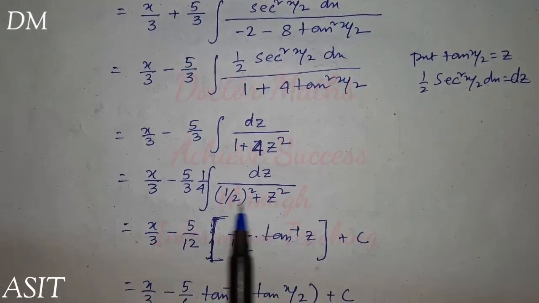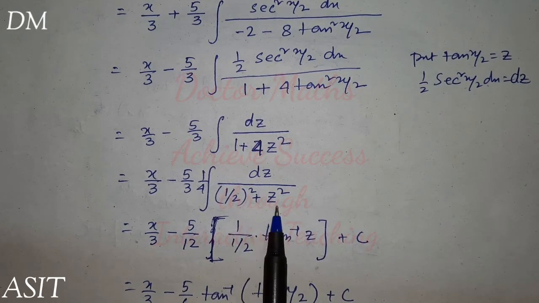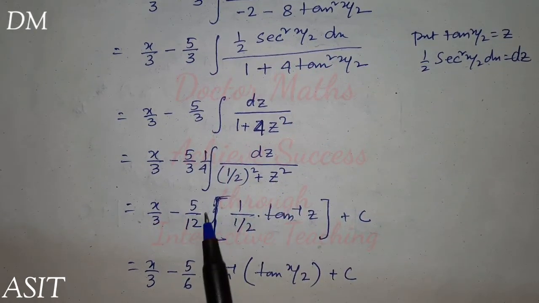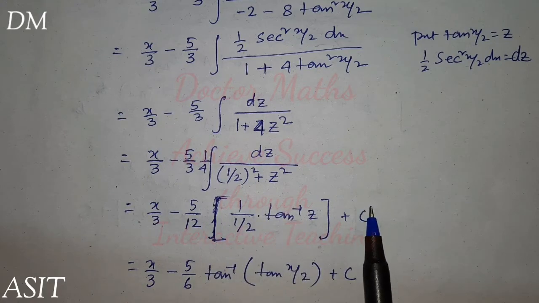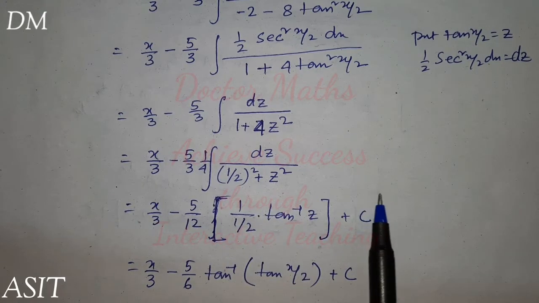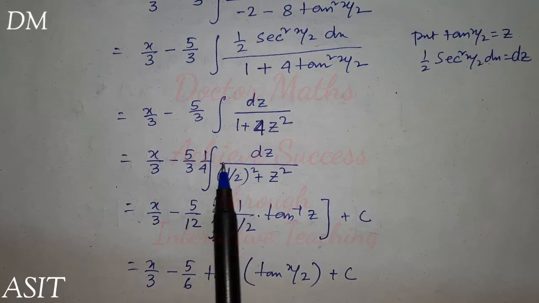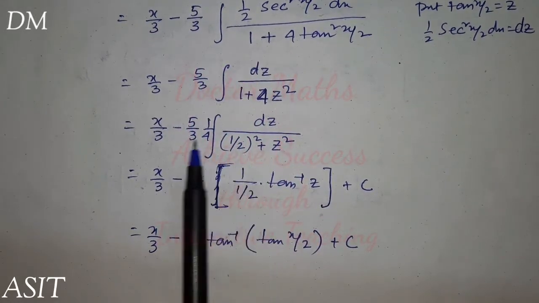So now it is in the form of dz by a square plus z square, and the formula is 1/a tan inverse z/a. Acha, I have made a mistake here. Let me show you what the mistake is.